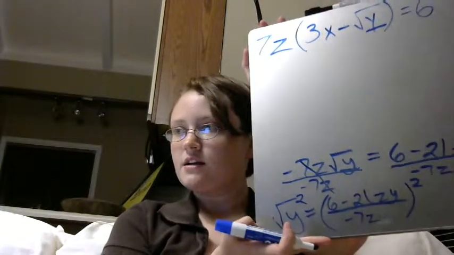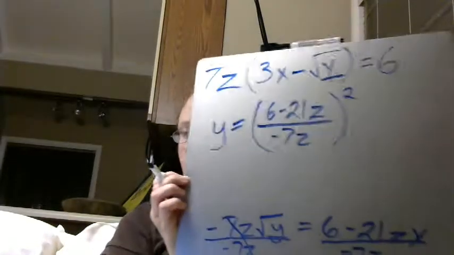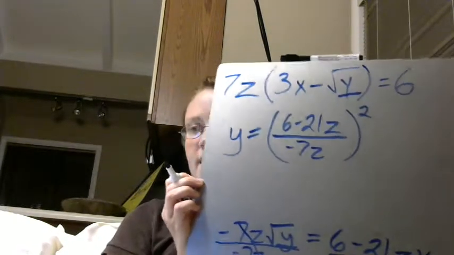After we square both sides, the square root of y squared is just going to leave us with y equals (6 minus 21zx over minus 7z) all squared. And our last step is to simplify.